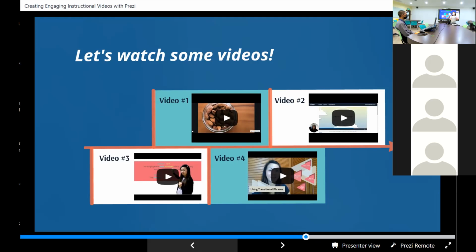It's just that you need a more proper setup in order to create that. And the last video is what we are going to focus on today, which is using Prezi Video. Now comparing the fourth video and the third video, I think just now Stephanie said that both are kind of competing, the presenter and the content.